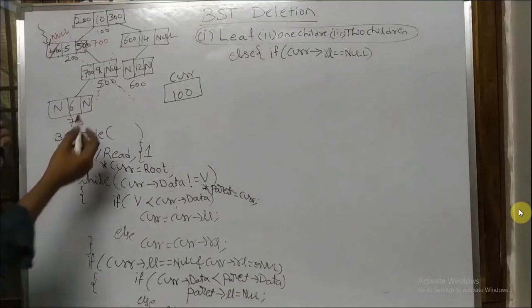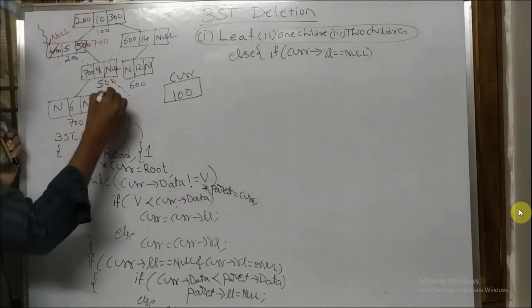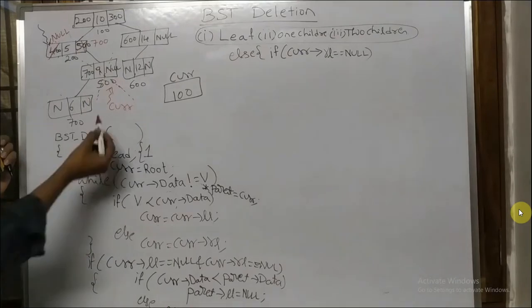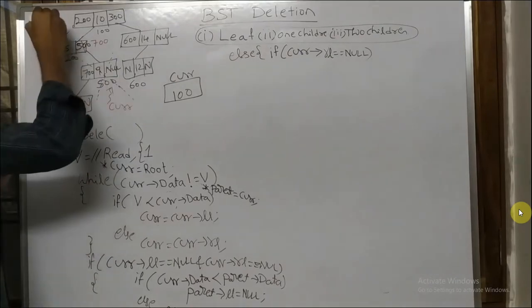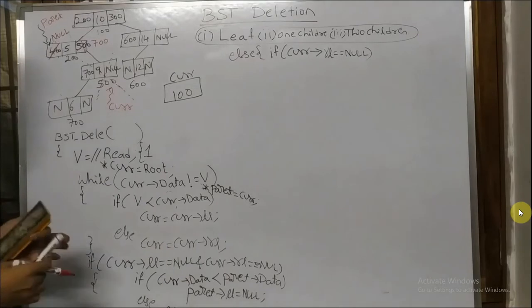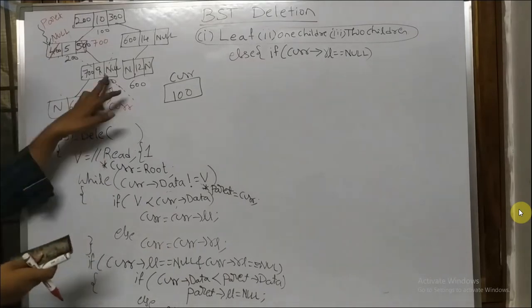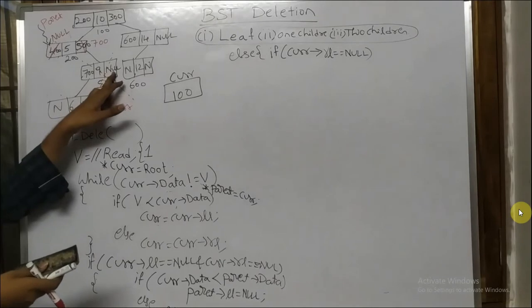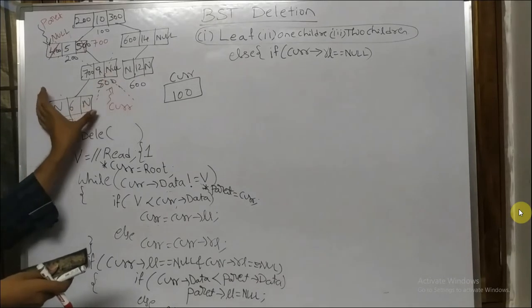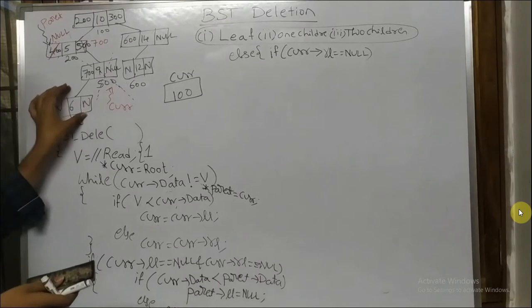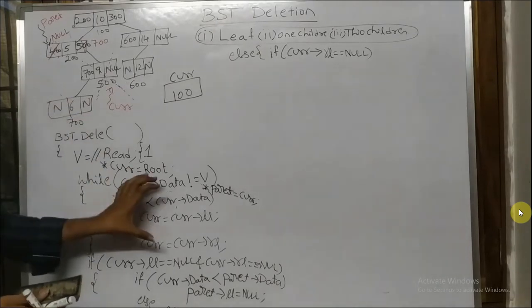Already you know, if this is a deleted node, this will act as the current node, and this node's parent will act as the parent node. Simply meaning that if the corresponding right link is null, obviously it has a left side child, and that child can have any number of children.